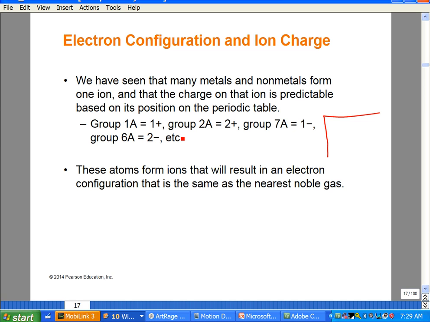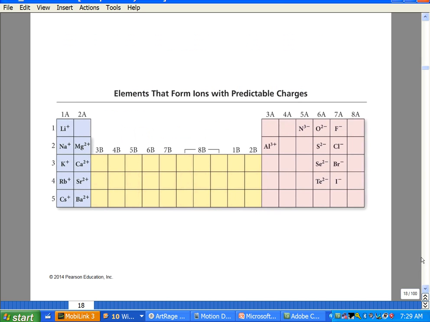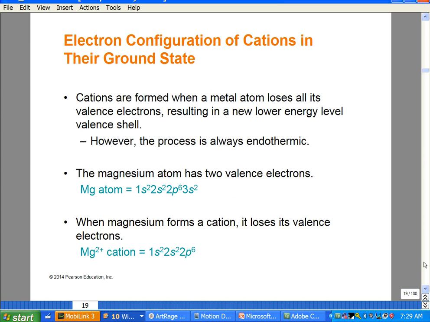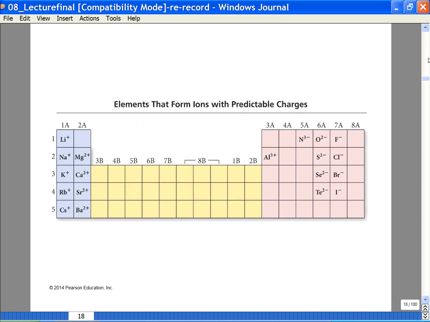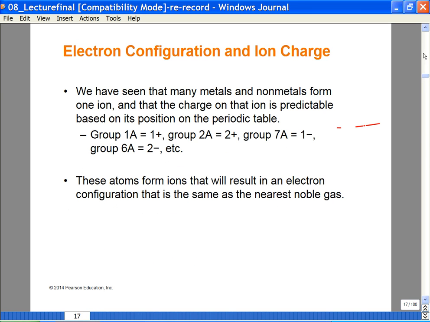So, when an atom increases its number of electrons, we know we form an anion.